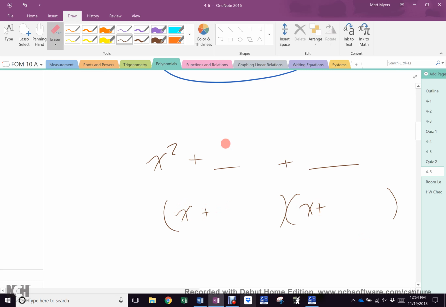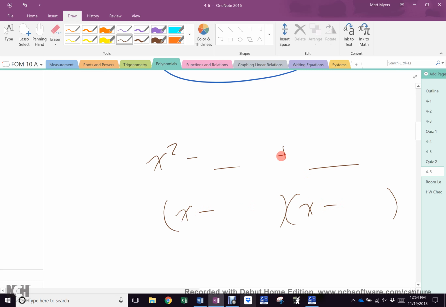If the answer is x plus, and that's a minus, what's it going to be? It's going to be x plus, x minus. If it is plus and minus, what's it going to be? It's going to be minus minus, because negative times negative to get the positive.